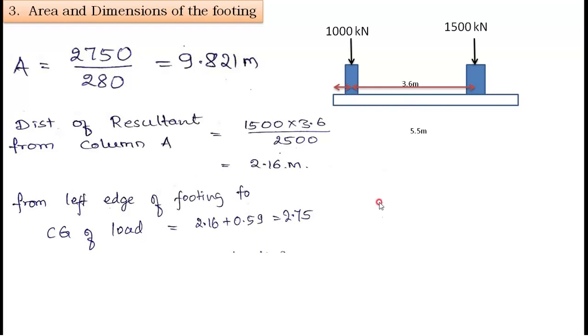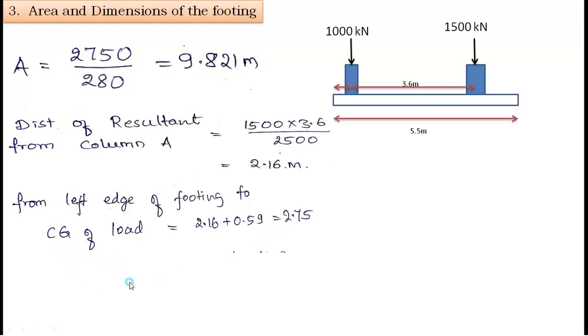Then I need to make this point the CG of the footing also. As it is a rectangular footing, the CG will be at L by 2, where L is the total length. If I take L by 2 and multiply by 2, I get the entire rectangular area, and that point becomes the CG of the rectangular area.